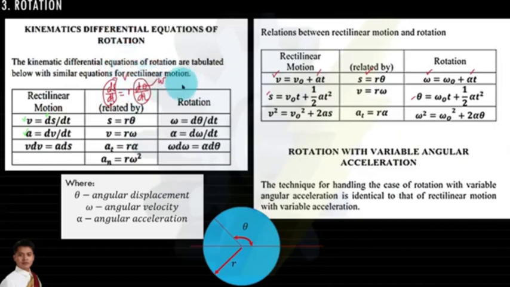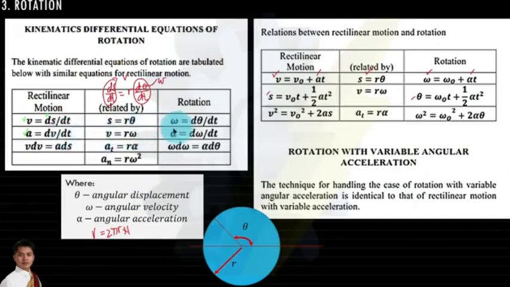So this equation becomes v is equal to r omega. If you still remember, this is also equal to 2 pi r n, where n here is the angular velocity in revolution per minute. This is in radian per second.